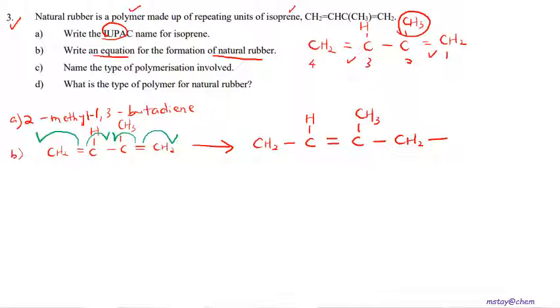So here we make the bracket and then put the n. Therefore, to make the balanced equation, at the monomer here we also put the n. Okay, then next we continue with question C. Name the type of polymerization, which is addition polymerization.